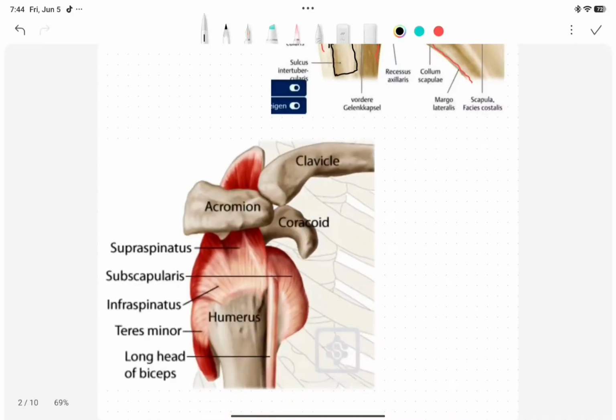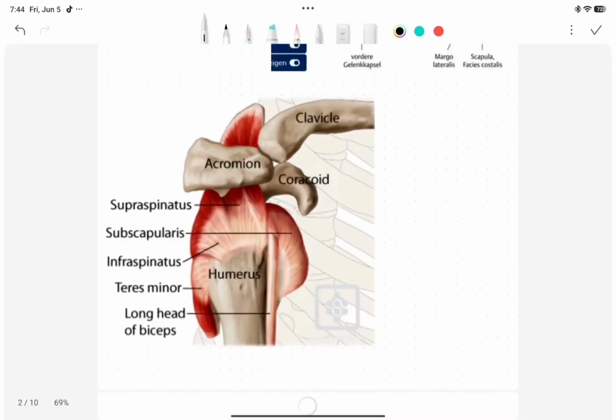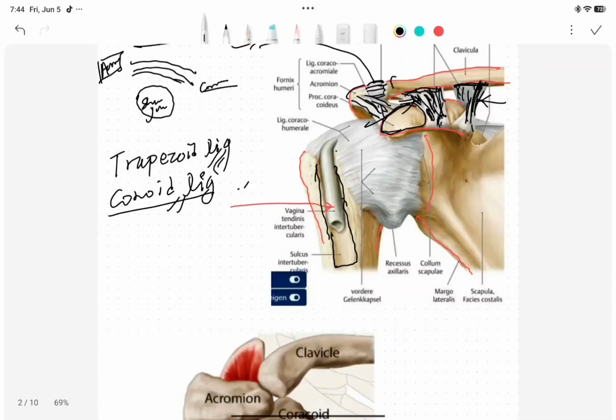Okay, so in the lateral view you can see these are the joint capsules and joint ligaments. These are the glenohumeral ligaments.